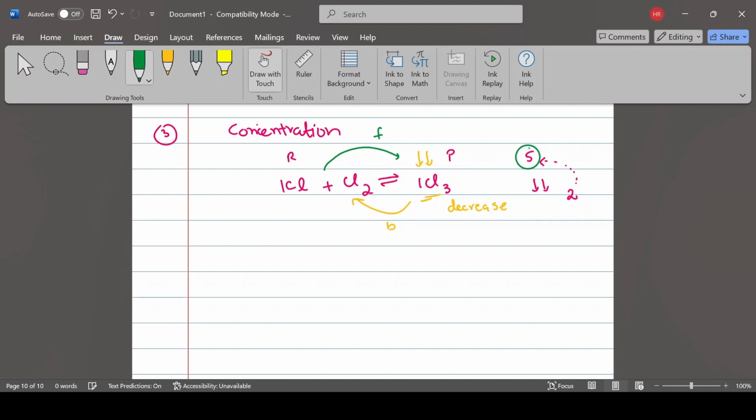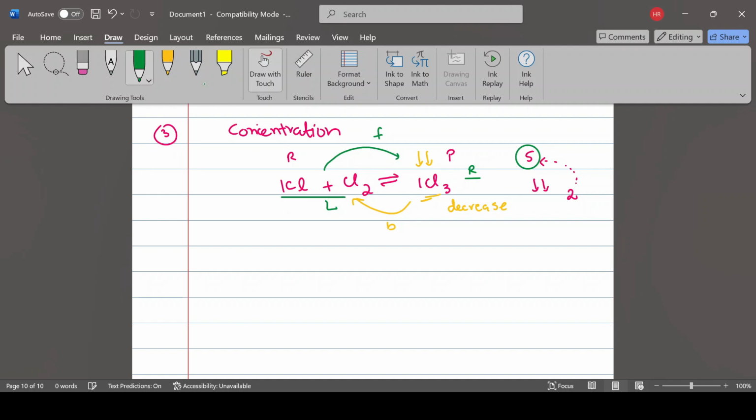So we say when the ICl3 concentration is decreased, the equilibrium will shift towards the right side because the forward reaction is favored. But if ICl3 concentration is increased, then the backward reaction will be favored, so the equilibrium shifts towards the left side. Make sense? Yeah.